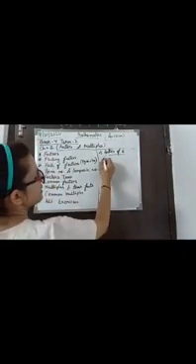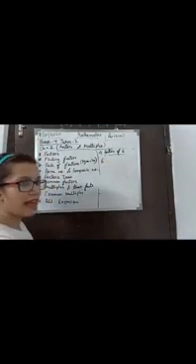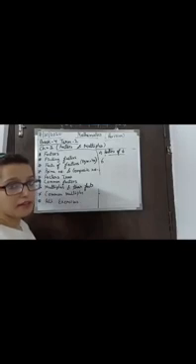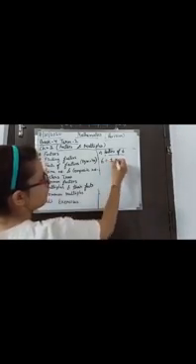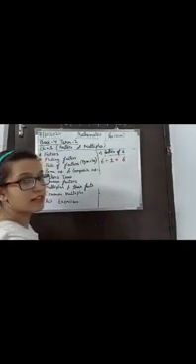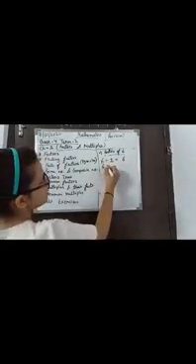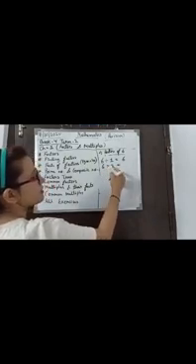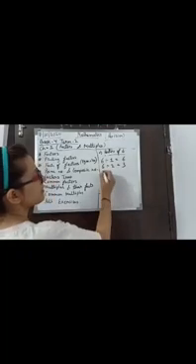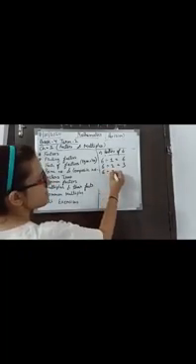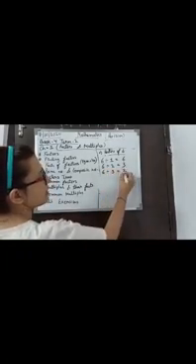Now the second is the division method. We write 6 and divide 6 by natural numbers. First we divide by 1: 6 divided by 1 is 6. Then we divide 6 by 2: 6 divided by 2 is 3. Then we divide by 3 and get 2.